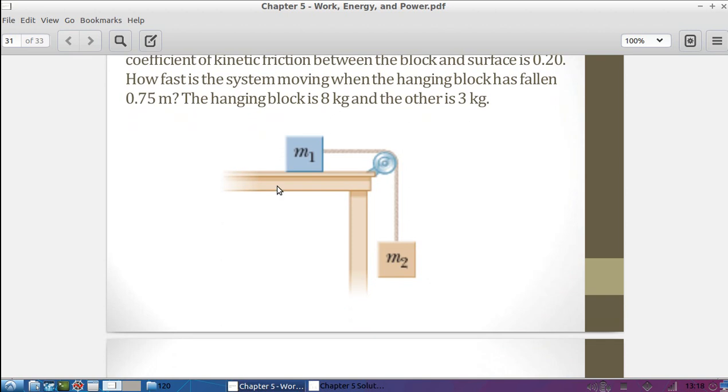So I'm going to use energy principles here to solve for the speed of the system. Just like we did in chapter 4, their accelerations are going to be the same because they're connected. Their speed at any time is also going to be the same. So I'm looking for V final of the system.